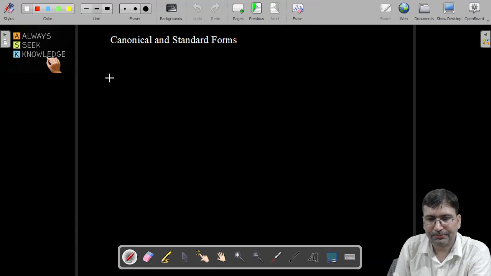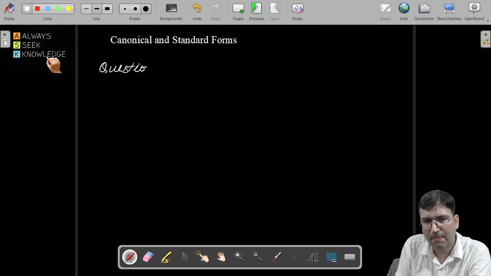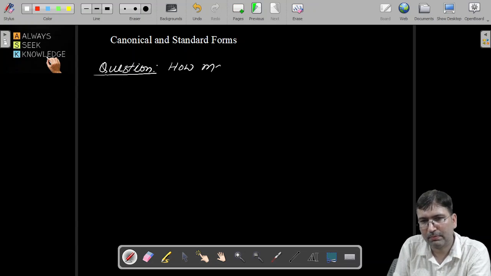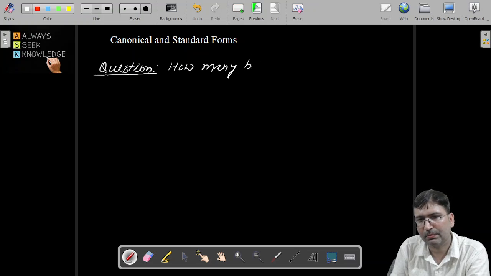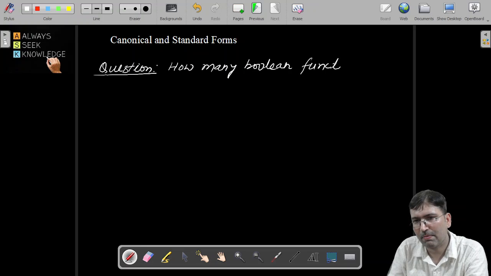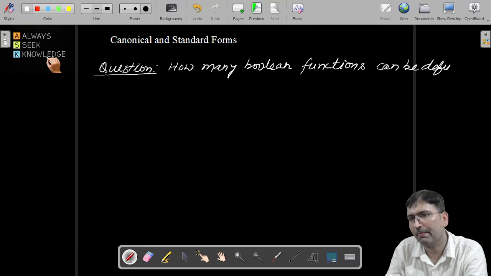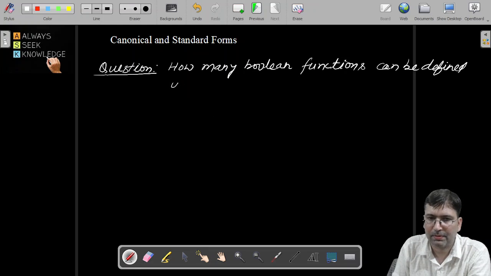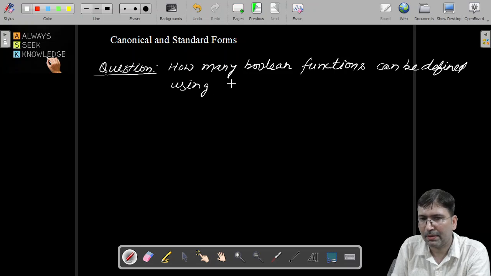So let's say I ask a question here. How many Boolean functions can be defined using, let's say, n Boolean variables?